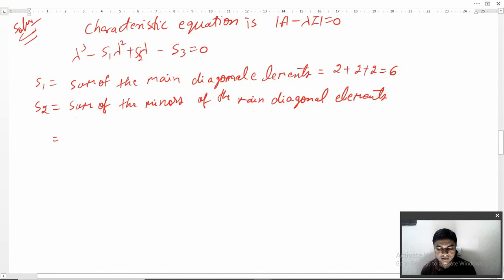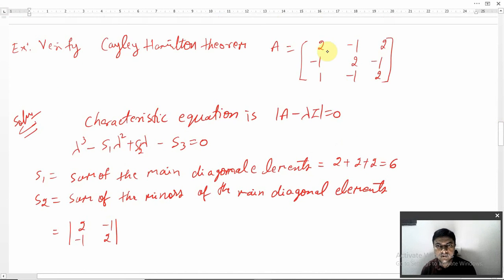So first term is, if I take this as 2, then the minor will be 2 minus 1, minus 1 2. If you go to the matrix, if you take this value 2, you can just look on the cursor.